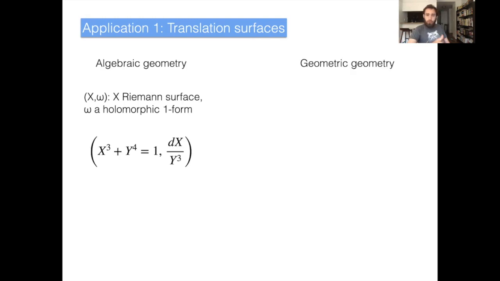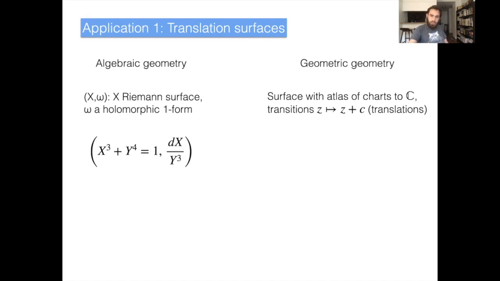Translation surfaces also appear in geometric geometry as opposed to algebraic geometry, and it comes with a totally different looking definition. To a geometric geometer, a translation surface is just a surface with an atlas of charts to the complex numbers, where the transition functions are given by translations, z goes to z plus c.